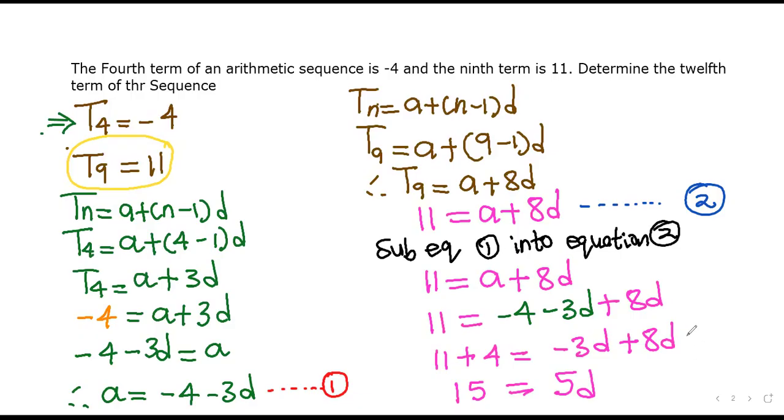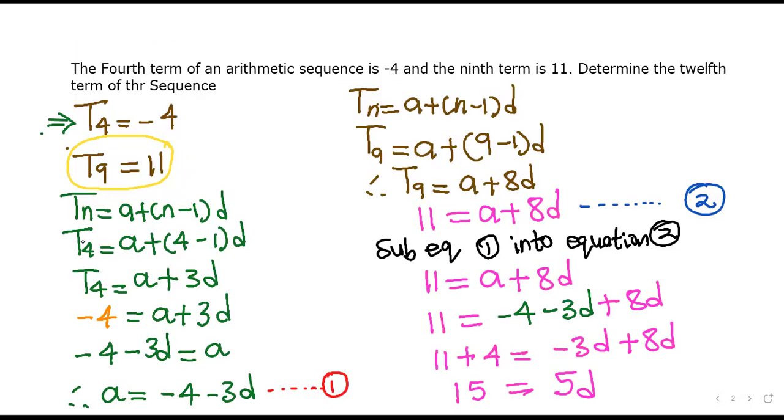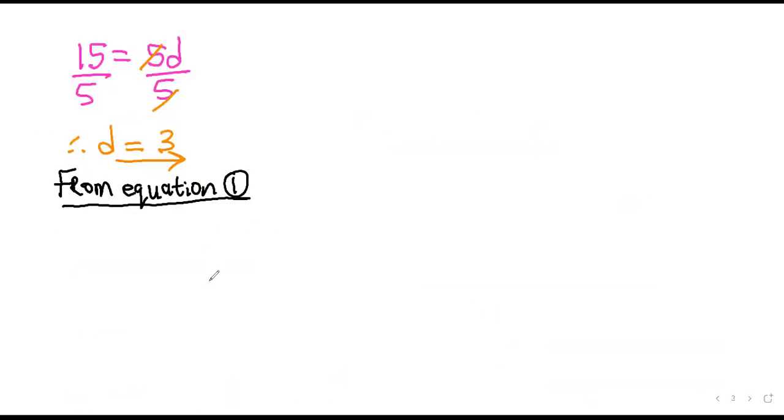Since we have the common difference, we can now determine the value of A from equation number 1. So from equation number 1, our A is equal to -4 minus 3D.